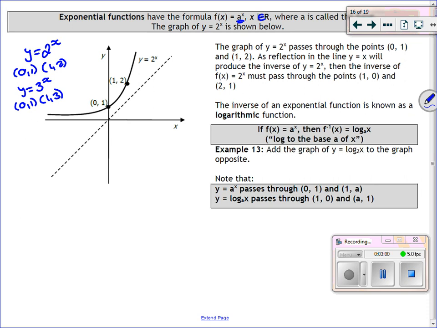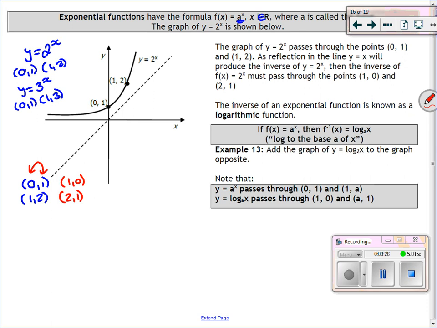But all I want to do here is take my two coordinates. The coordinates I've got here are (0, 1) and (1, 2). And to do what I do with inverse functions, I'm just going to swap them round. So (0, 1) becomes (1, 0), and (1, 2) becomes (2, 1). And that's really the extent of the knowledge that I need you to know from this.